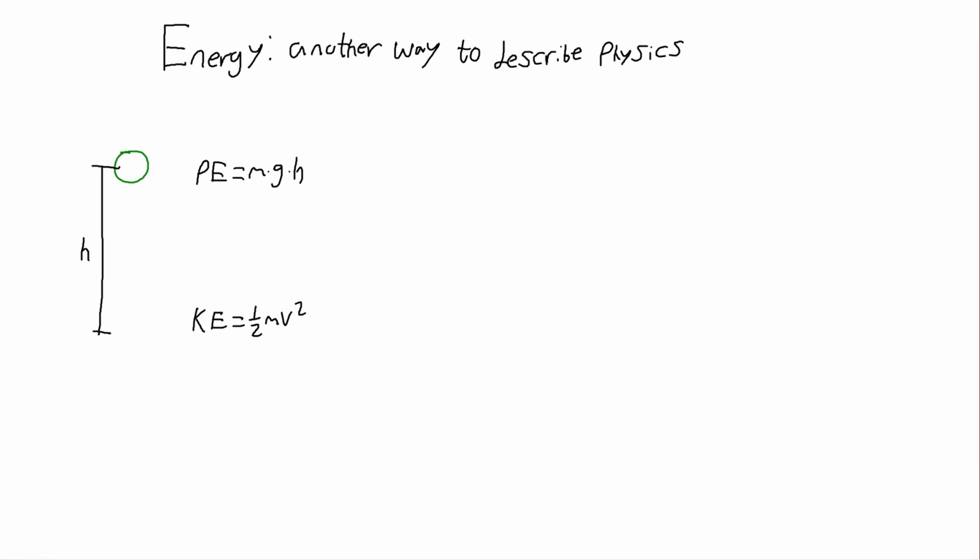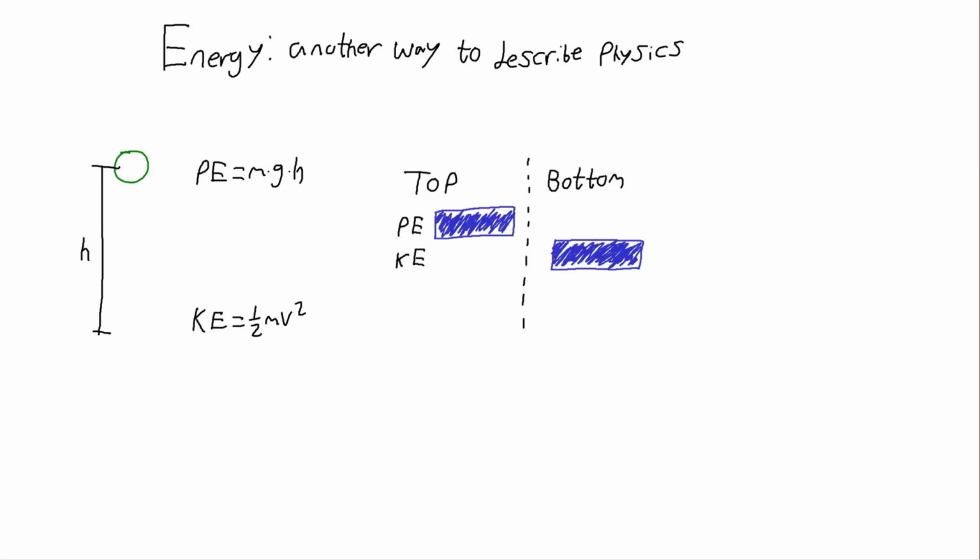So this ball initially starts with purely potential energy, since it's not moving, so there's no velocity. Once it reaches the bottom, the height is 0, so there's no potential and it's purely kinetic energy. So in this system, you have this trade-off of potential and kinetic energy. The total energy, or the mechanical energy, will be the sum of the kinetic energy and the potential energy.